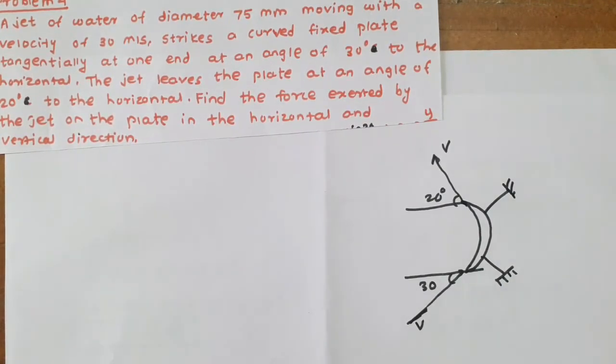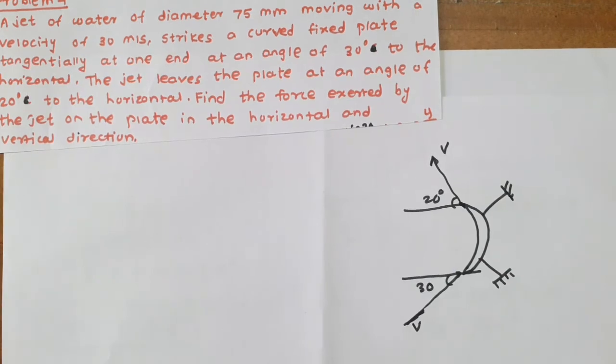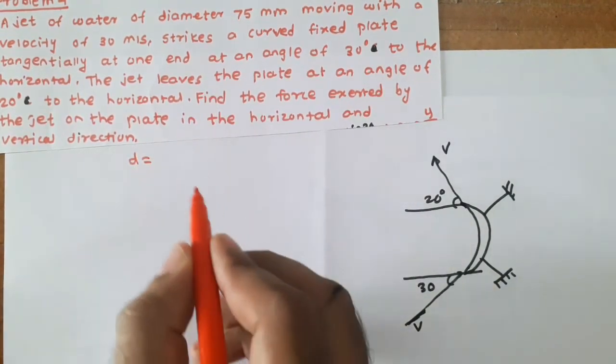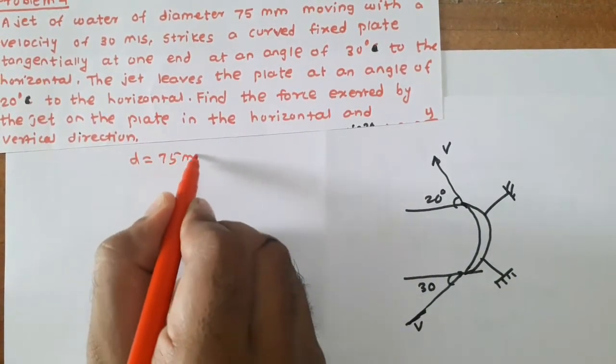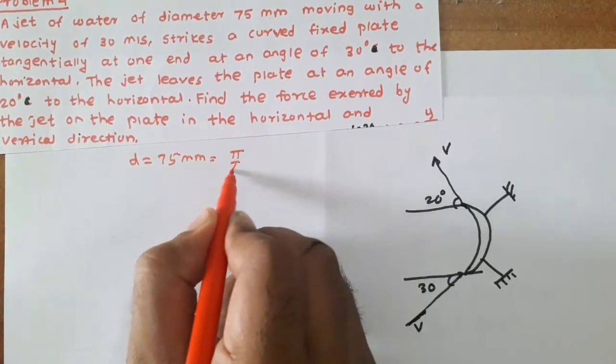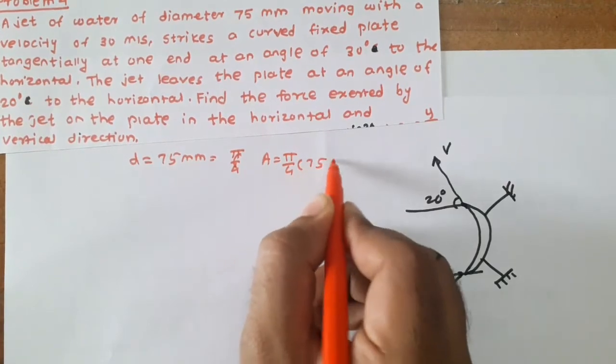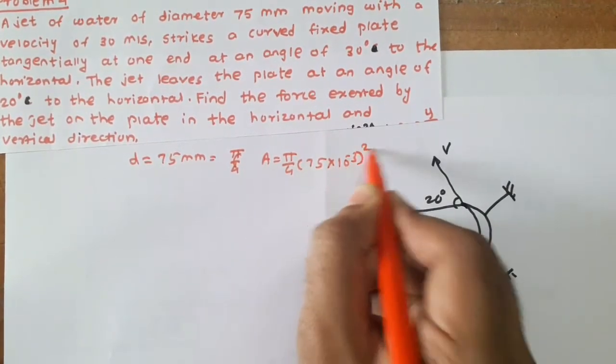Now in this case, the diameter of the jet is 75 mm, so you can calculate the area: pi by 4, 75 into 10 raised to minus 3, bracket square.